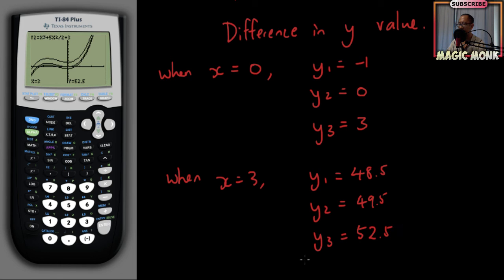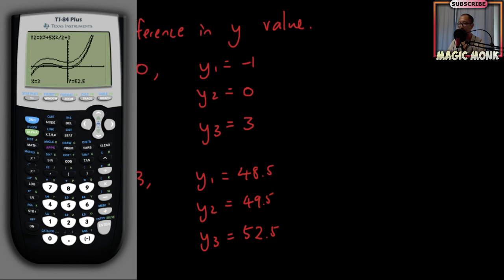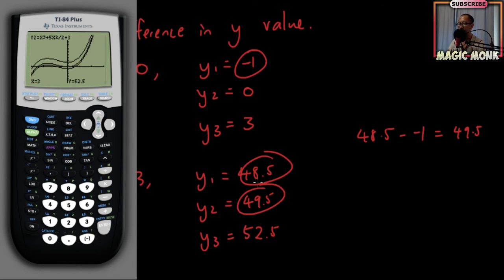Now if you look at the difference between these y values, if you went 48.5, which is y1, minus -1, what do you get? You get 48.5 plus 1, which is 49.5. If you went 49.5 minus 0, it's still 49.5.